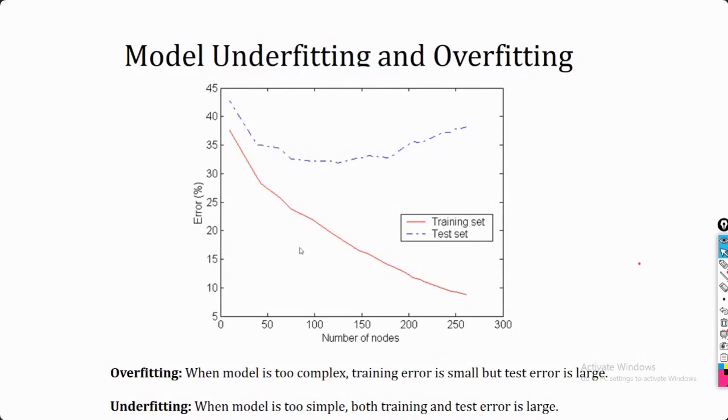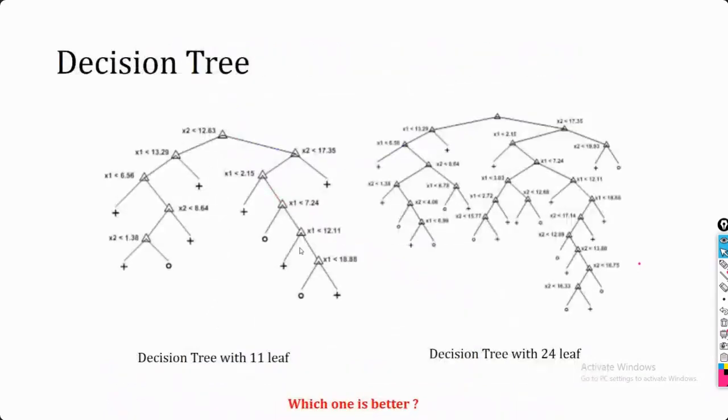For both, it is going to have very large error. But in case of overfitting, your model is quite complex or complicated, so it is going to have very little error on training, but the testing error will be very high. So this is the case for overfitting.